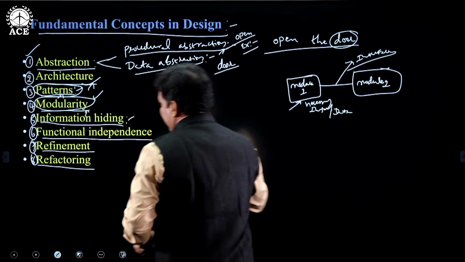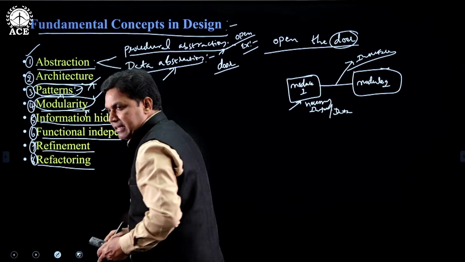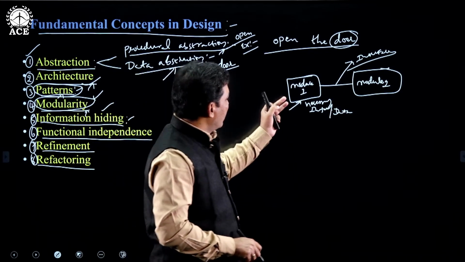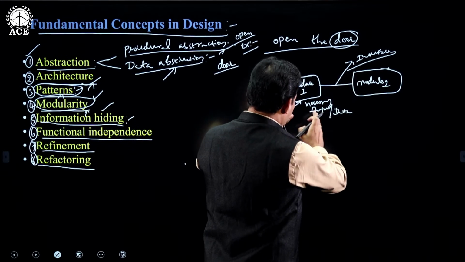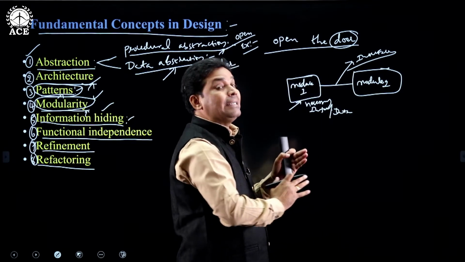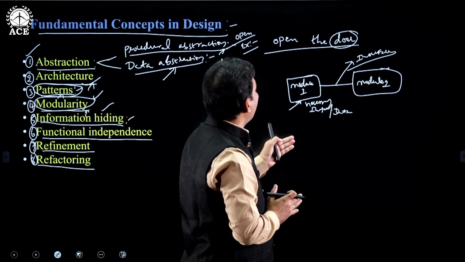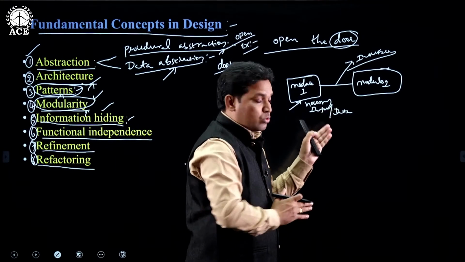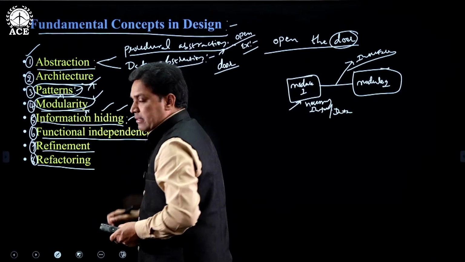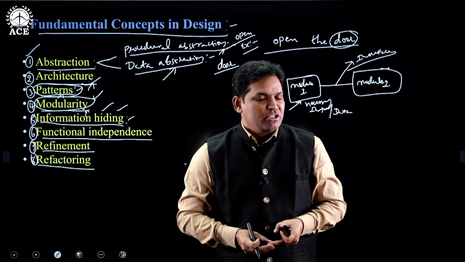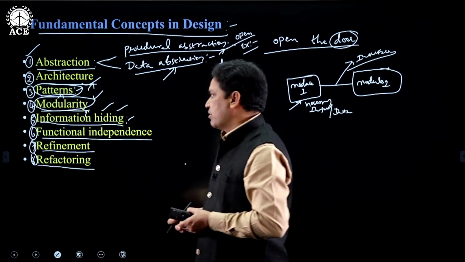That is possible by information hiding, right? Module 1 wants to share only necessary information with module 2, but does not want to share the detailed data of module 1. That is achieved by information hiding. That's the importance of information hiding.